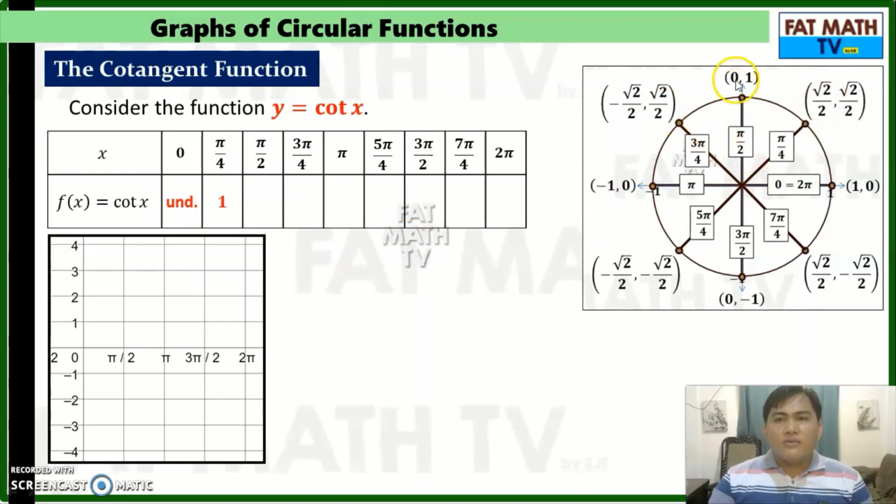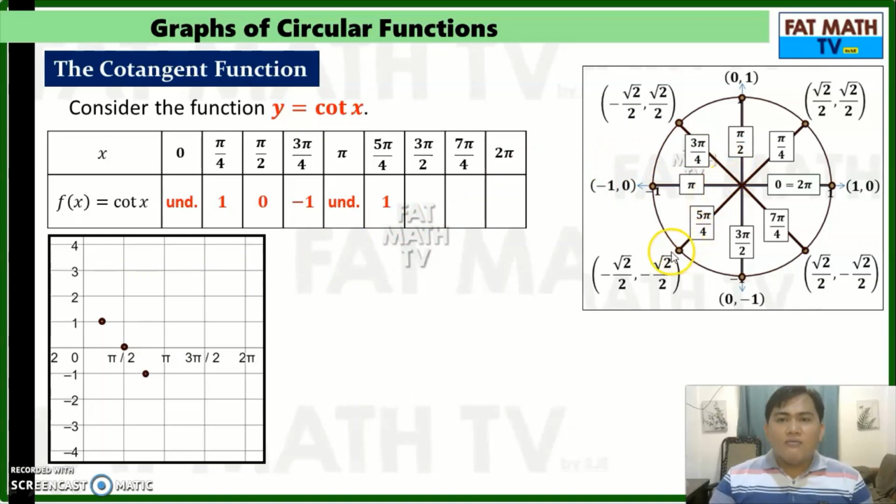For pi over 2, x over y, 0 over 1 is 0. So pi over 2, 0 is here. And then for 3 pi over 4, you will have negative 1, so it's here. And then for pi, that is also undefined, no value for that.